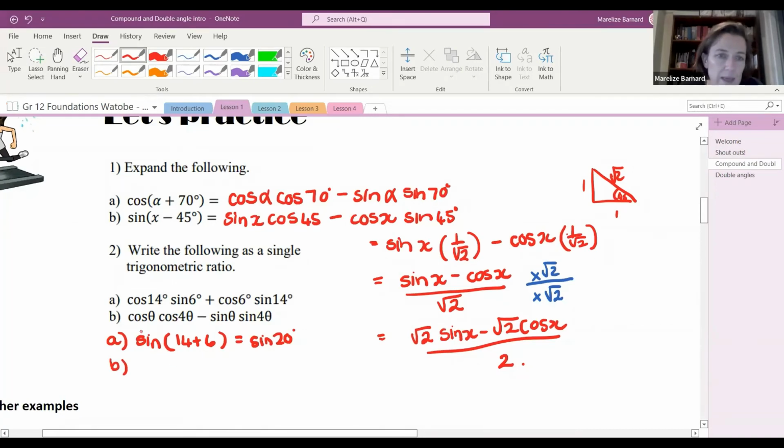Then question B is cos theta, cos 4 theta minus sine theta, sine 4 theta. So it follows the pattern of cos cos minus sine sine, which gives me cos A plus B. That's the pattern for that one. So it's theta plus 4 theta, and that is cos 5 theta.